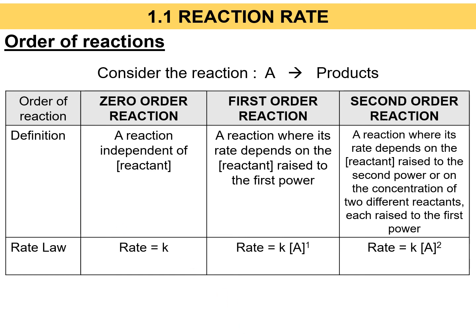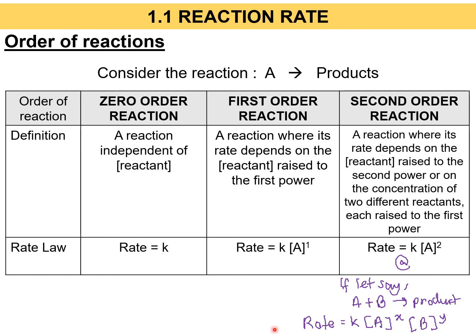Ataupun, if let's say you ada dua jenis reactant, di mana chemical reaction you A pluskan dengan B dapat produk kan. Mestilah dia punya rate law equation dia ialah rate is equals to K concentration of A to the power of X kalikan concentration of B to the power of Y. Macam tadi contoh yang Miss tunjukkan oksigen dengan nitrogen oxide.